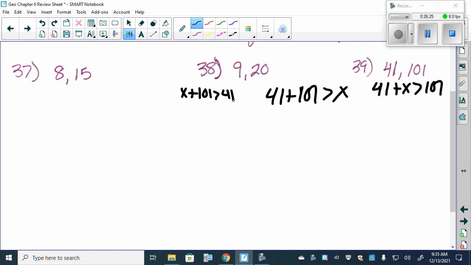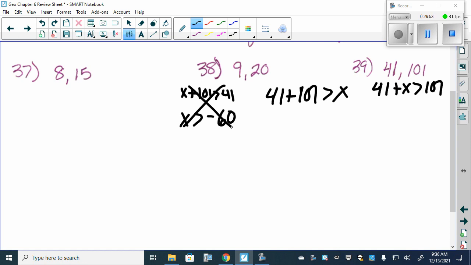If we actually did this here, it would tell us that x is greater than negative 60. Well, yes, because if we're talking about lengths of a triangle, they have to be positive, and if it's going to be a triangle, the third side has to be greater than 0. This tells us nothing. So we're really looking at these two here.